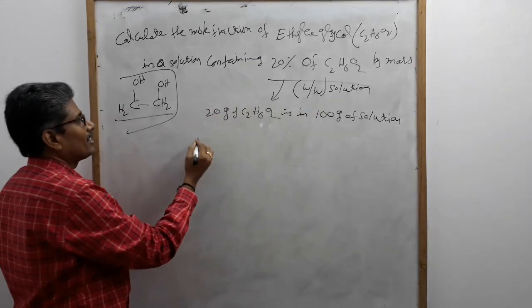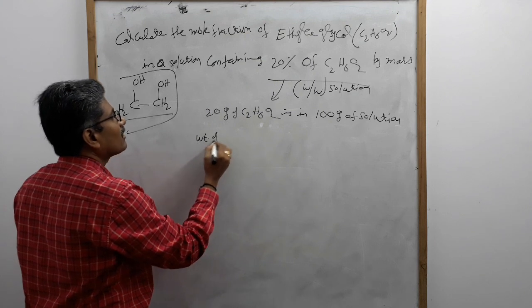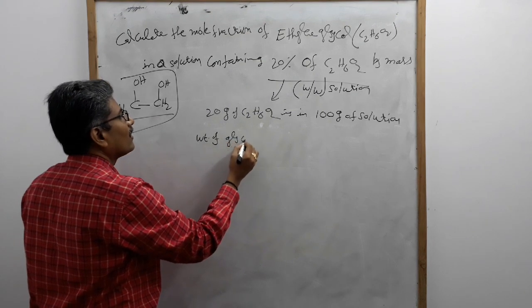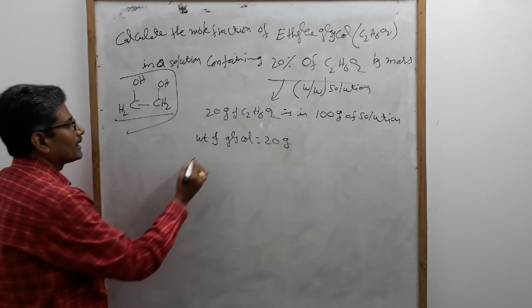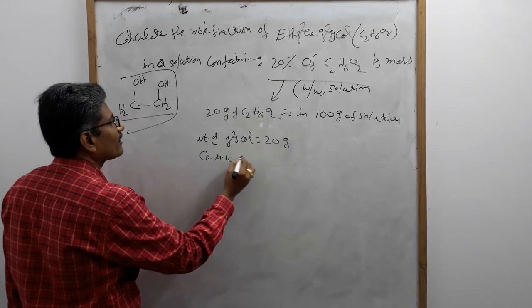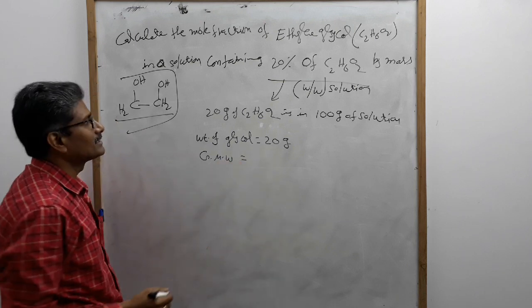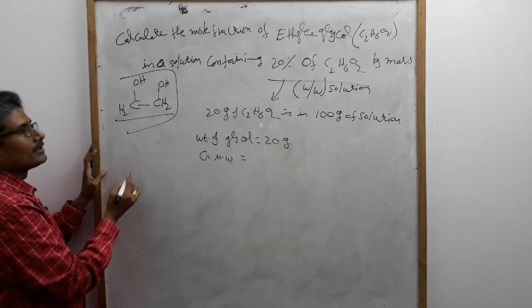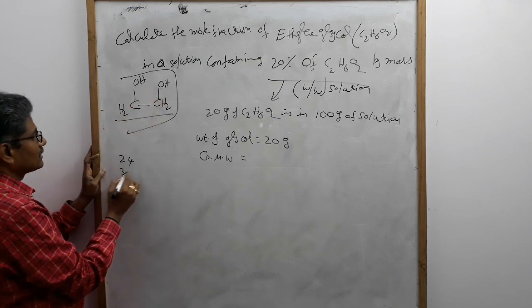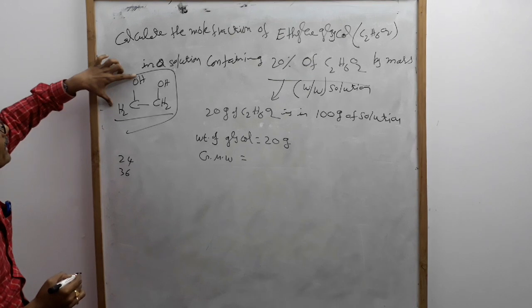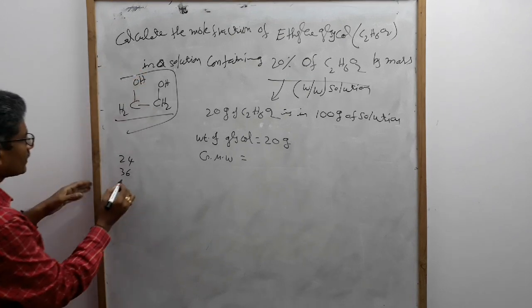From that data, first we write: weight of glycol is equal to 20 grams. Gram molecular weight of glycol, the formula is given. So 2 carbons, 24, 2 oxygens, and hydrogens 6.